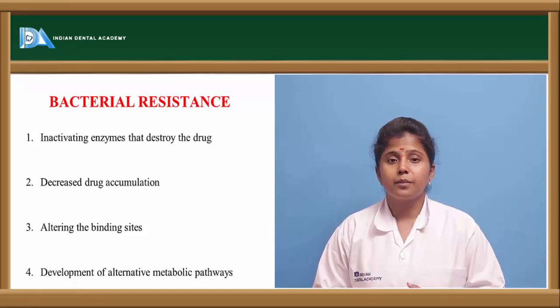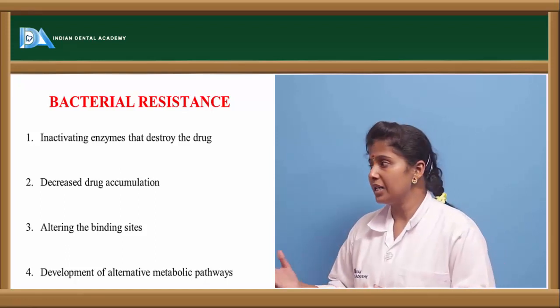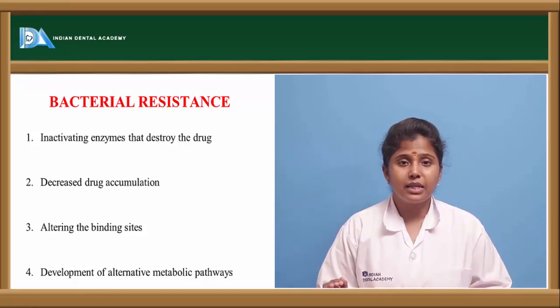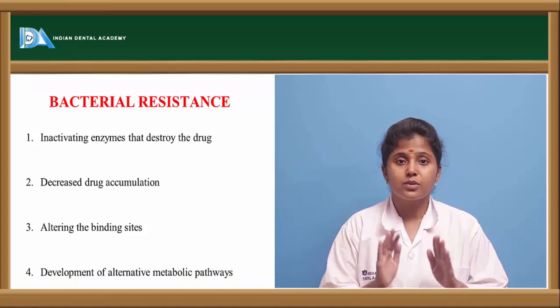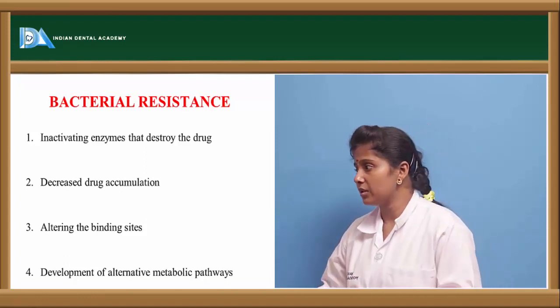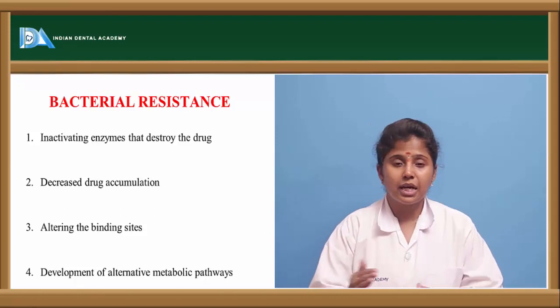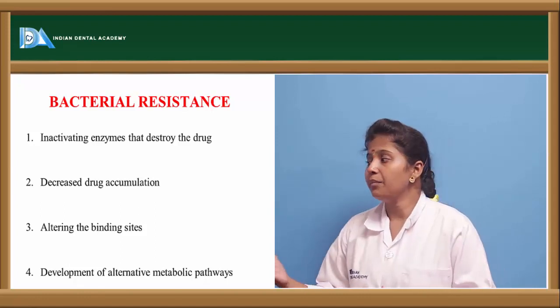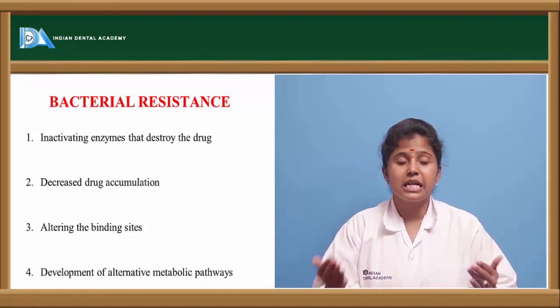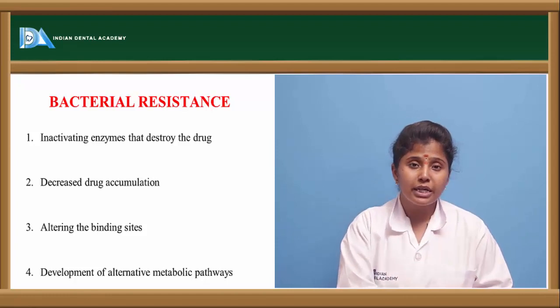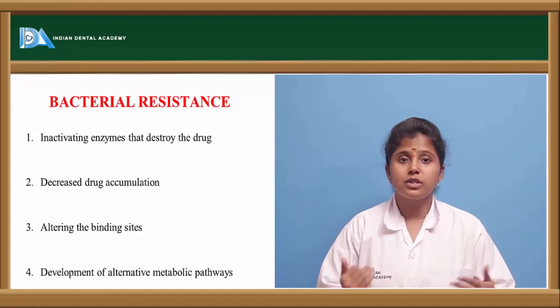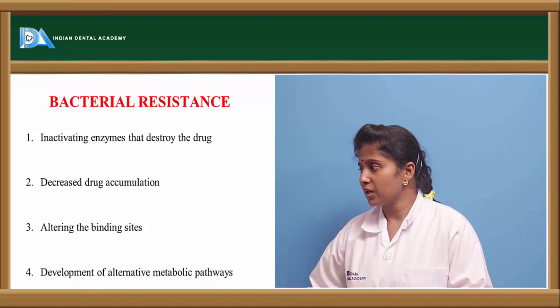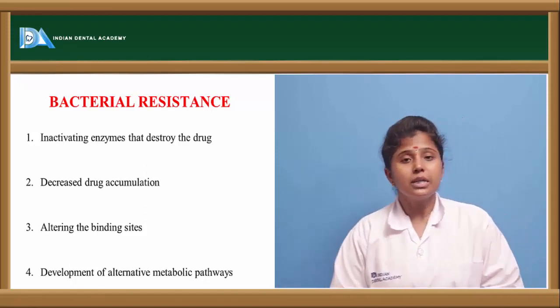So the bacteria will inactivate the enzymes, and these antibiotics will inactivate the enzyme which destroys the drug, and they decrease the drug accumulation. Because of this bacterial resistance, the drug which has to be accumulated in the body will be reduced, and thereby the drug will be eliminated out of the body, and it will alter the binding sites.